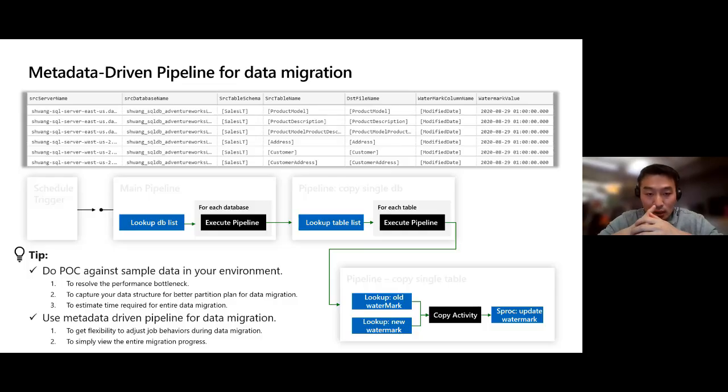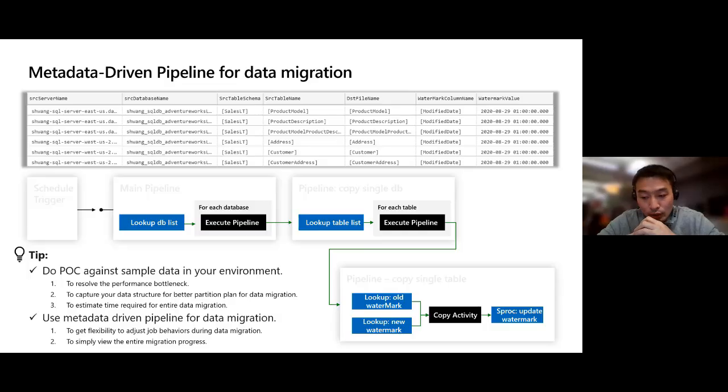When you try to move or copy a few tables or a few folders from source to destination, the best way to achieve that in ADF is to create one or two or several copy activities in a pipeline, right? And then you trigger your pipeline to move the data. Everything works fine.